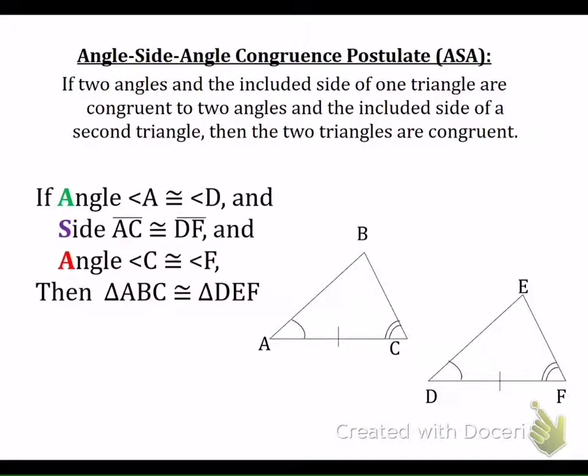So here is that diagram described. Angle A is congruent to angle D. Segment AC is congruent to segment DF. And then angle C is congruent to angle F. Then you can conclude that triangle ABC is congruent to triangle DEF.